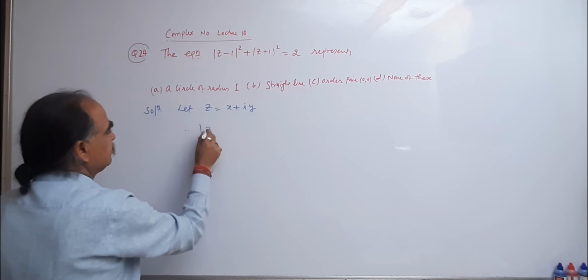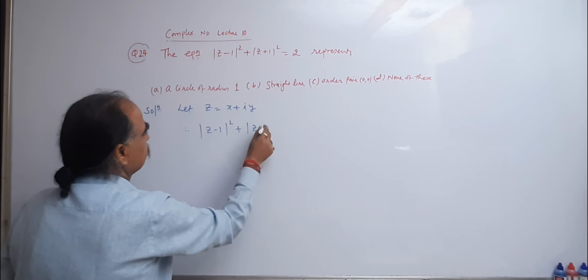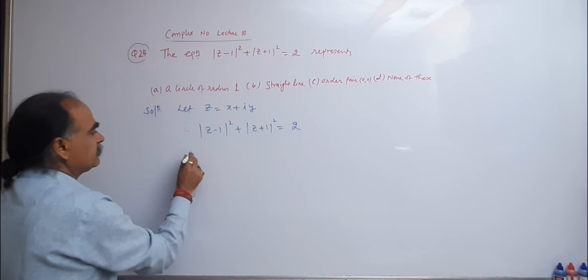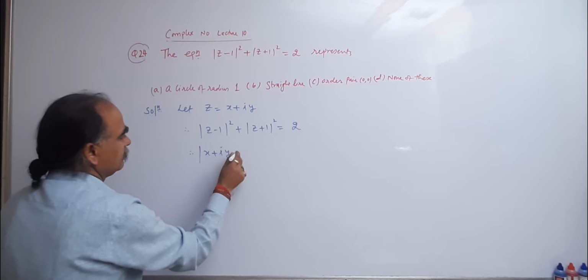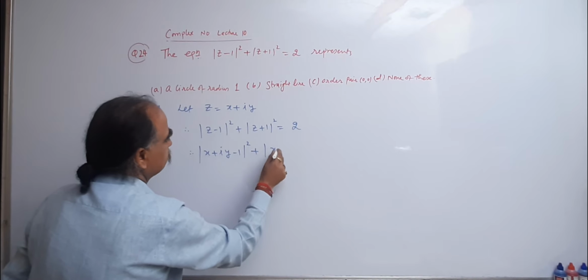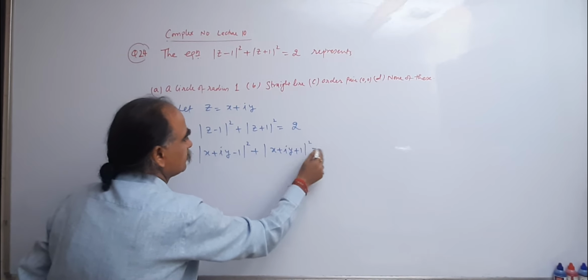Therefore, modulus z minus 1 square plus modulus z plus 1 square is equal to 2 will become what? Modulus of x plus iy minus 1 square plus modulus of x plus iy plus 1 square is equal to 2.